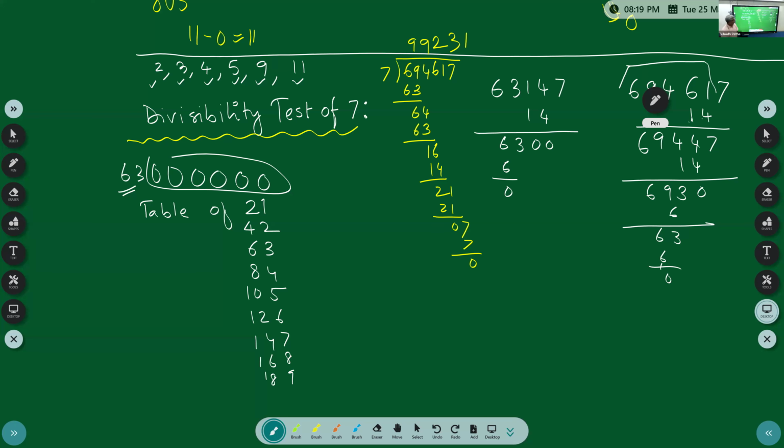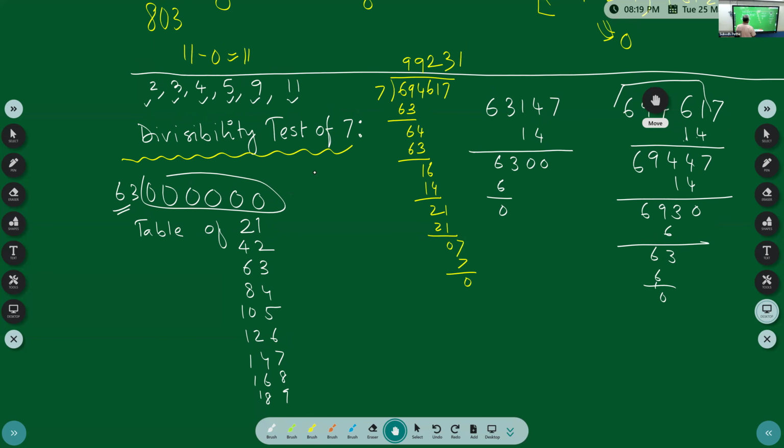Then let us go to our number and find out what we are trying to do there. 6, 9, 4, 6, 1, 7. The unit place is 7, so I am interested in subtracting 147.